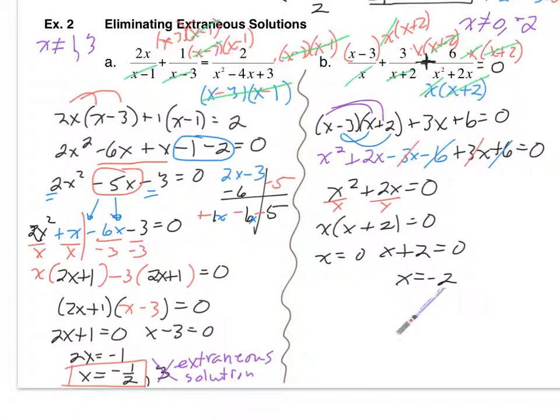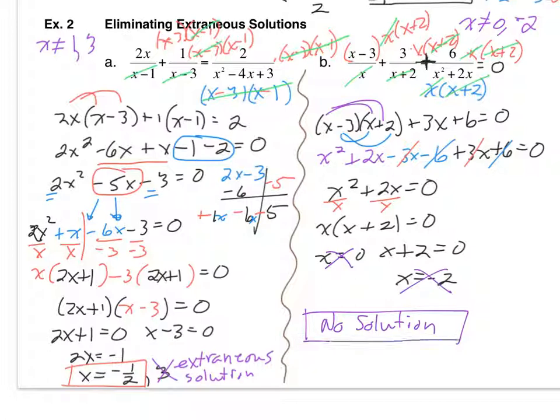So are either one of these a solution? You have to throw both of them out. They both get tossed. What's left? Nothing, so it's no solution. So you have to be able to tell me that if nothing is left, the answer is absolutely no solution. So don't forget to look for those extraneous solutions. Any questions?